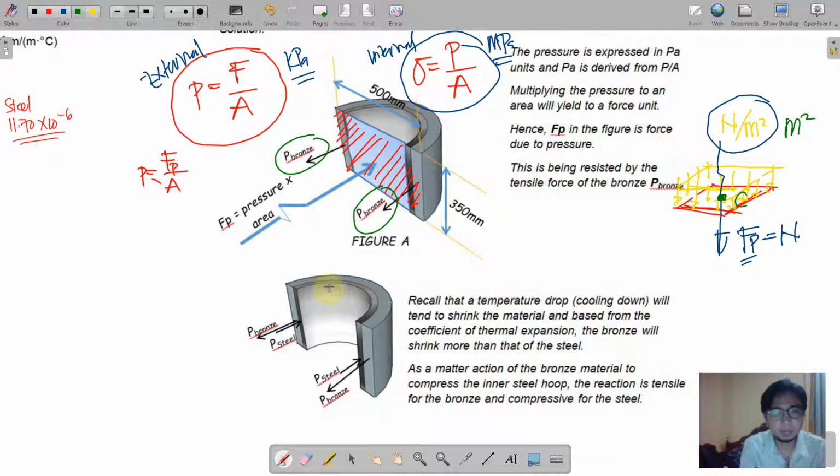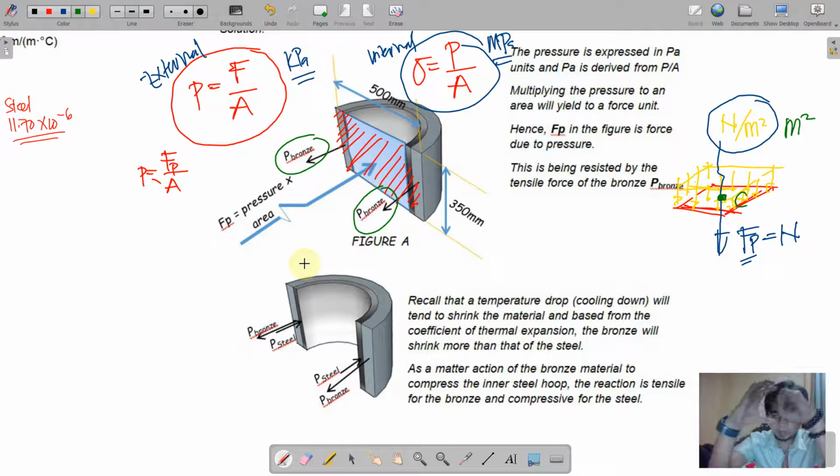Okay, further, this contact shows dito sa baba on the lower drawing here, there will be a resistance on the inner hoop. Kung may resistance sa inner hoop, of course, ito yung inner hoop, kinakain ng, or it is being compressed by this outer hoop.